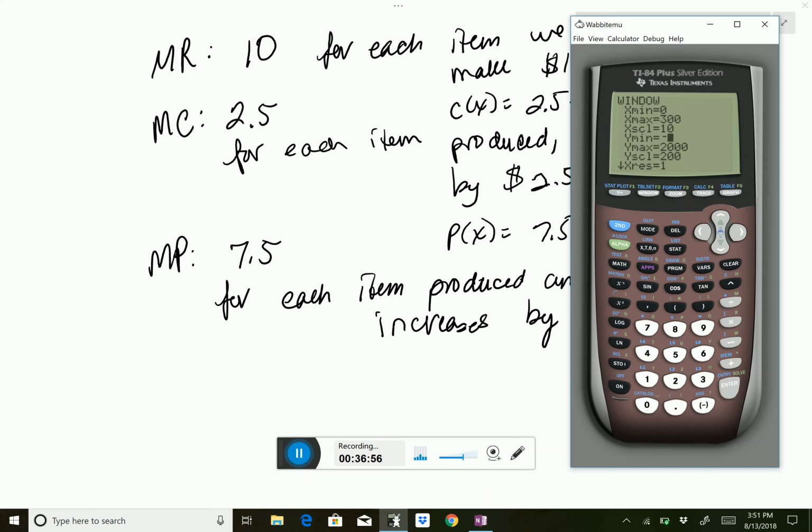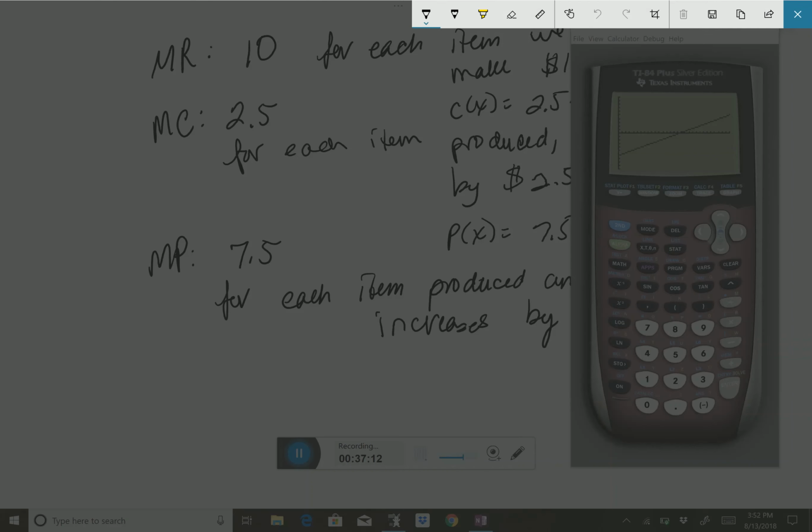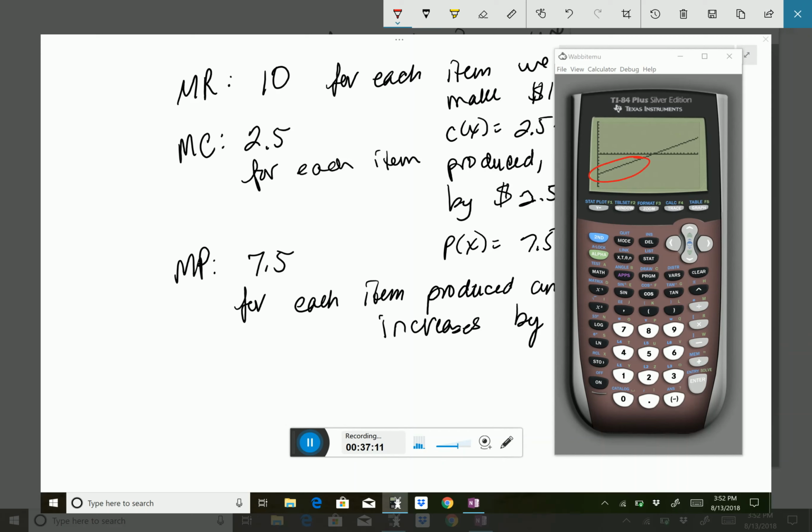So I can make this down to negative 2,000 because I can be losing money. So when I graph it now, we can see more of the profit function. And you can see this part of the profit function that's below zero. This is where you're losing money. And here you're making money.